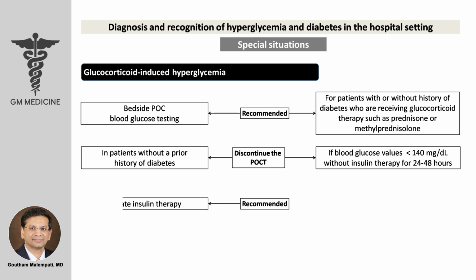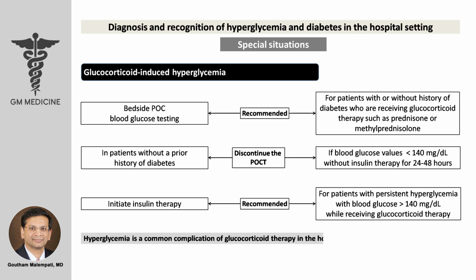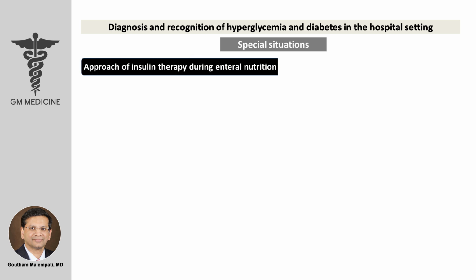Recommend that insulin therapy be initiated for patients with persistent hyperglycemia with blood glucose greater than 140 milligrams per deciliter while receiving glucocorticoid therapy. Hyperglycemia is a common complication of glucocorticoid therapy in the hospital with a prevalence around 20 to 50%.